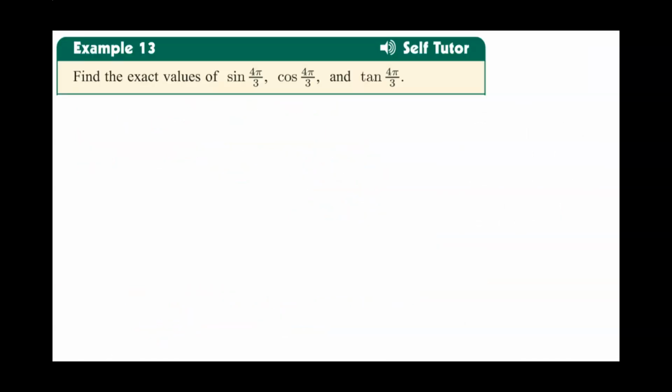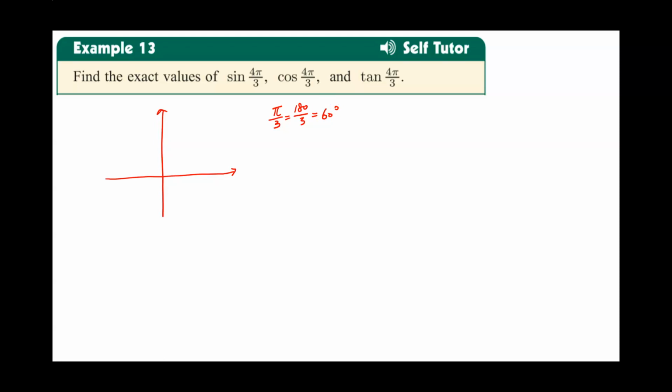Example 13. Find the exact values of sine 4 pi on 3, cos 4 pi on 3, and tangent 4 pi on 3. Step 1, you know where exactly 4 pi on 3 is. Again, you don't really have to remember anything. All you need to know is that 4 pi on 3 is a multiple of pi on 3. So pi on 3 is 180 on 3, which is 60 degrees. Does that make sense?